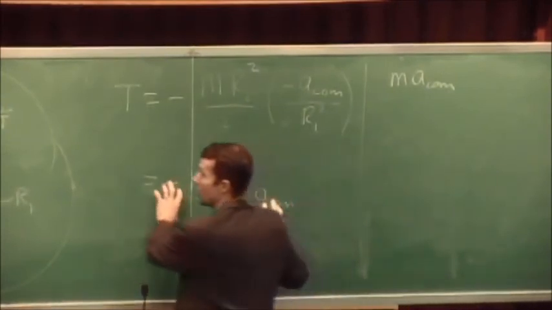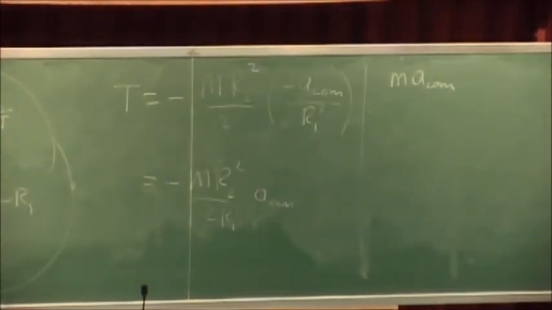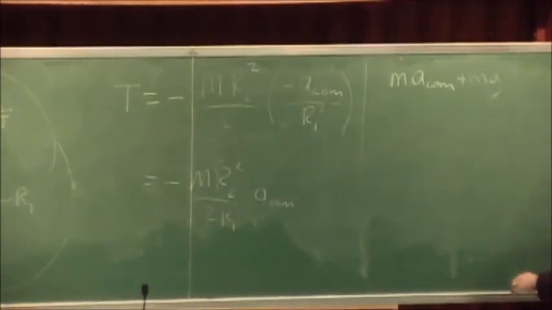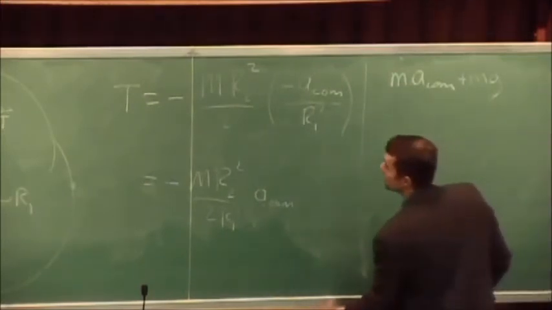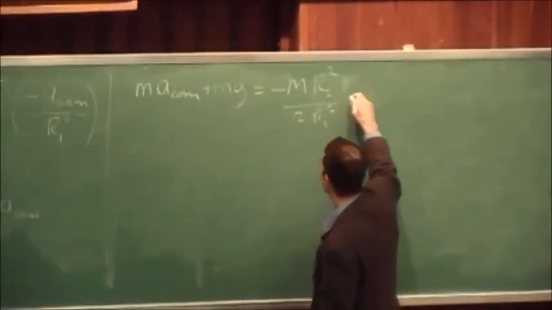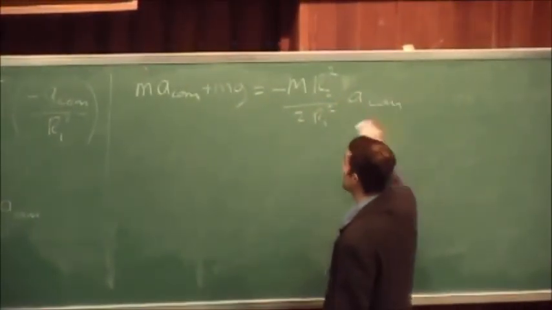So I'm just setting this equation right here equal to this equation, m, a center of mass plus mg is equal to minus m r2 squared all over 2 r1 squared, a center of mass.